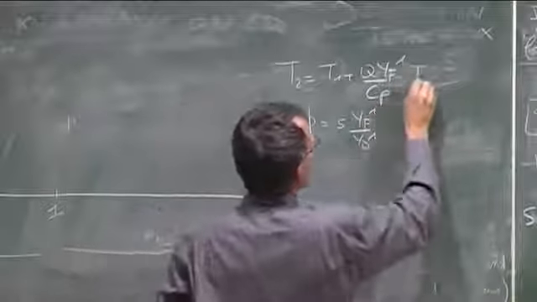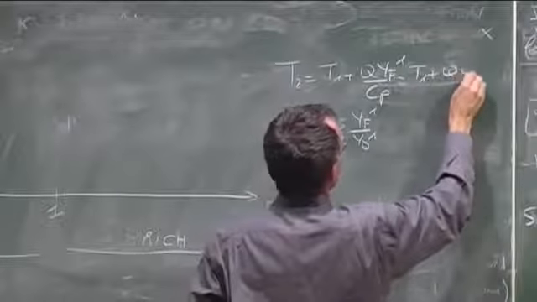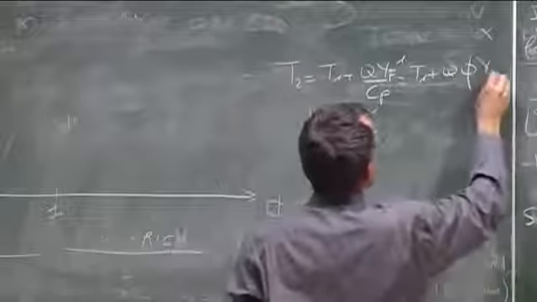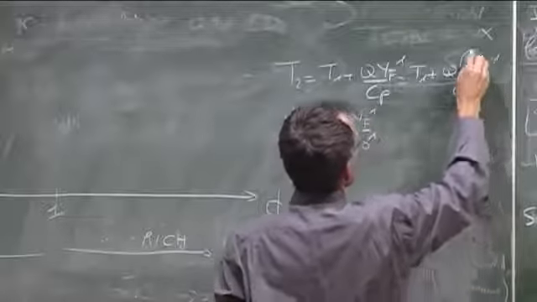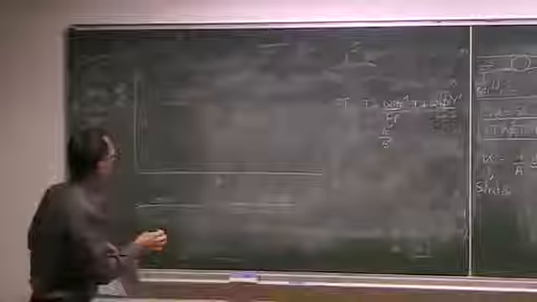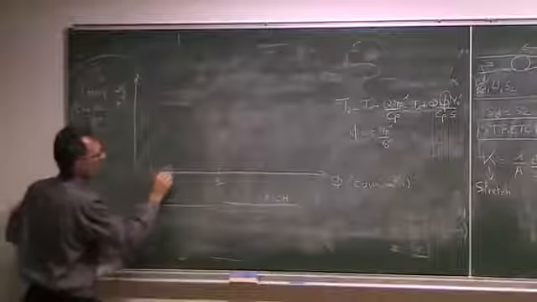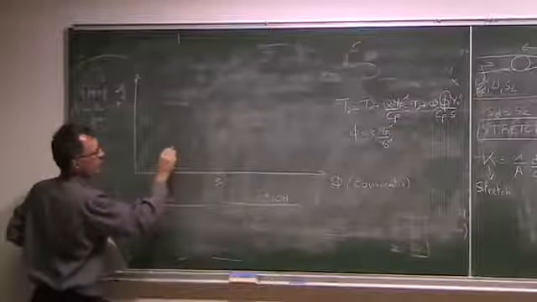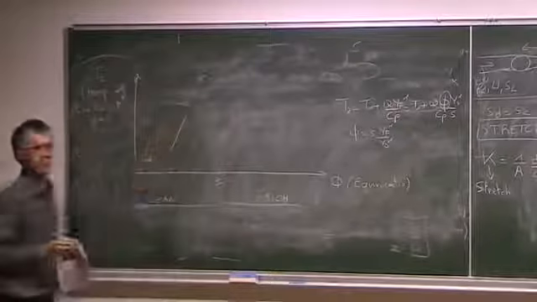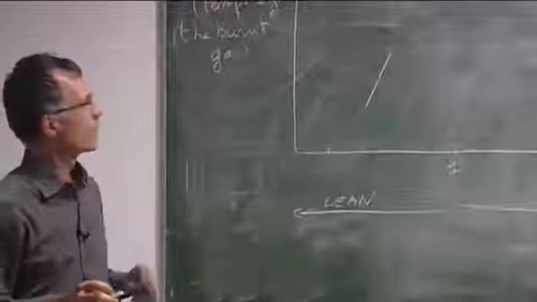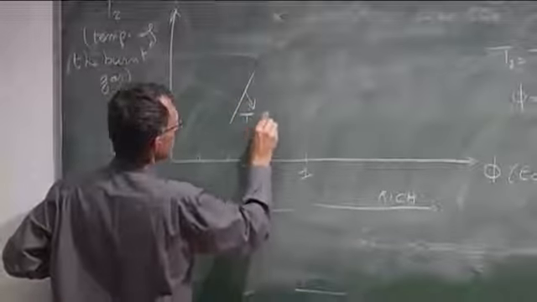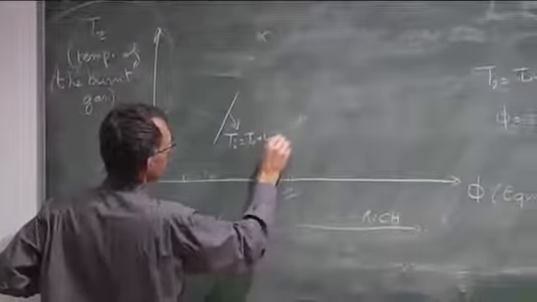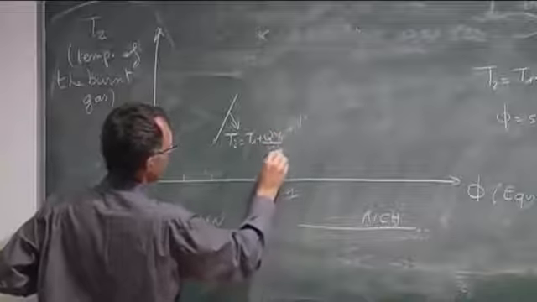So this is nothing else than T1 plus Q phi YO1 divided by Cp s. So it's a linear function of phi. So if I increase the equivalence ratio, the maximum temperature goes up. So this curve here must be T2 equal T1 plus Q YF1 over Cp.